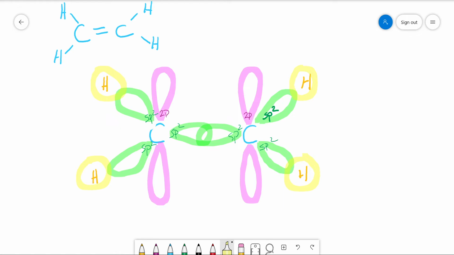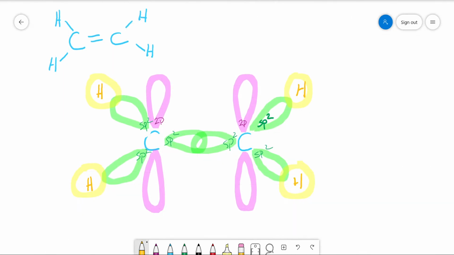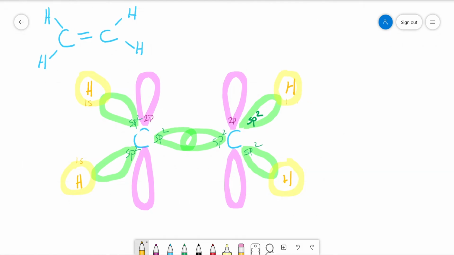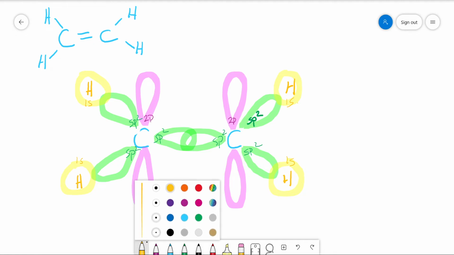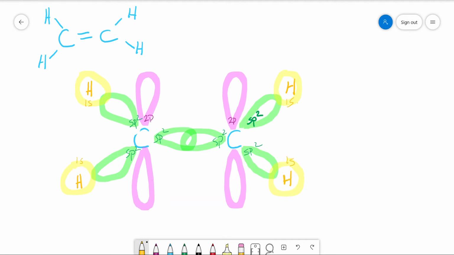Oh, and while we're here, might as well say what kind of orbital this is. 1s, 1s, 1s, and 1s. That's supposed to be a hydrogen there. All right, and now let's go ahead and put some electrons in.